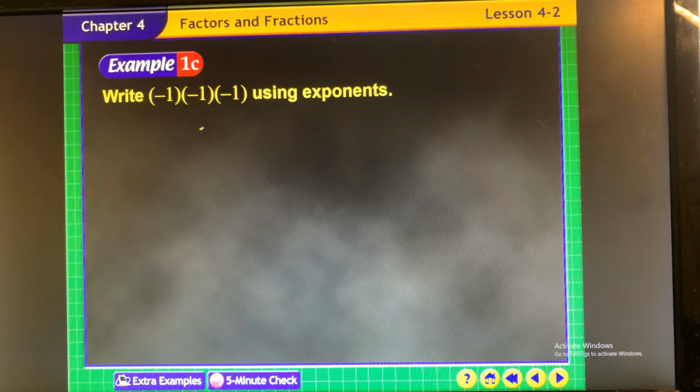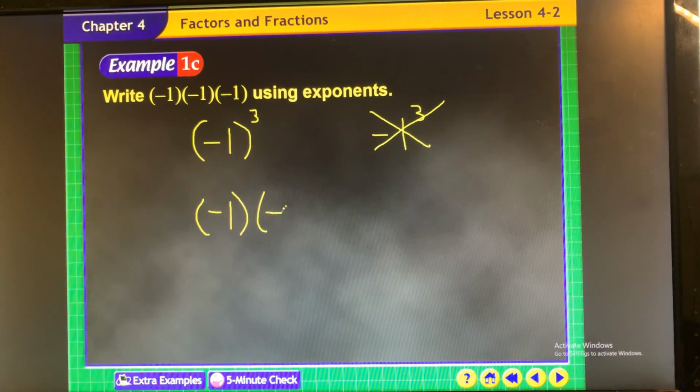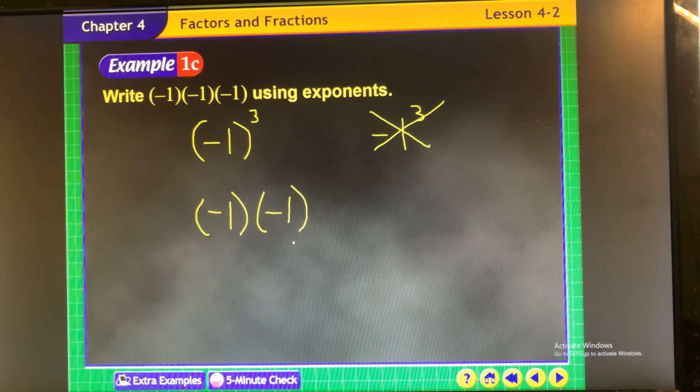Okay, this is super important. There's a difference. It's the quantity of -1 to the 3rd power. Do not write this. This is incorrect. If it has parentheses around it, then you need to keep them around it. So remember, if I had this like that, I would have to say -1 to the 2nd power because this equals 1.